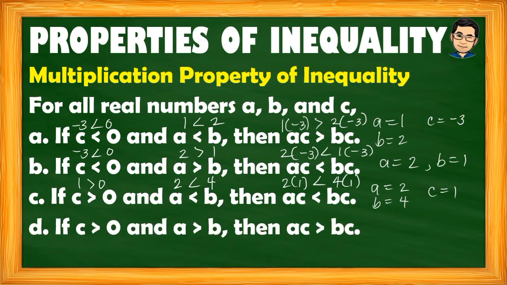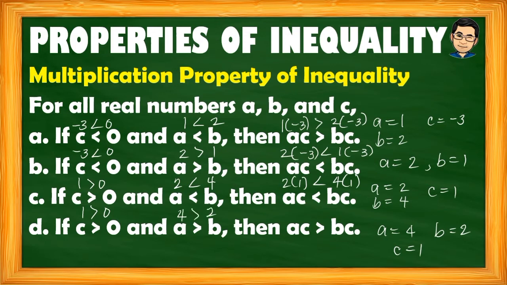Next, if C is greater than 0 and A is greater than B, then AC is greater than BC. So, let's swap the positions of A and B. So, A is 4, and then B is equal to 2. And then C is equal to 1 still. So, C is greater than 0, that is 1 is greater than 0. Correct? And then A is greater than B. So, that is 4 is greater than 2.